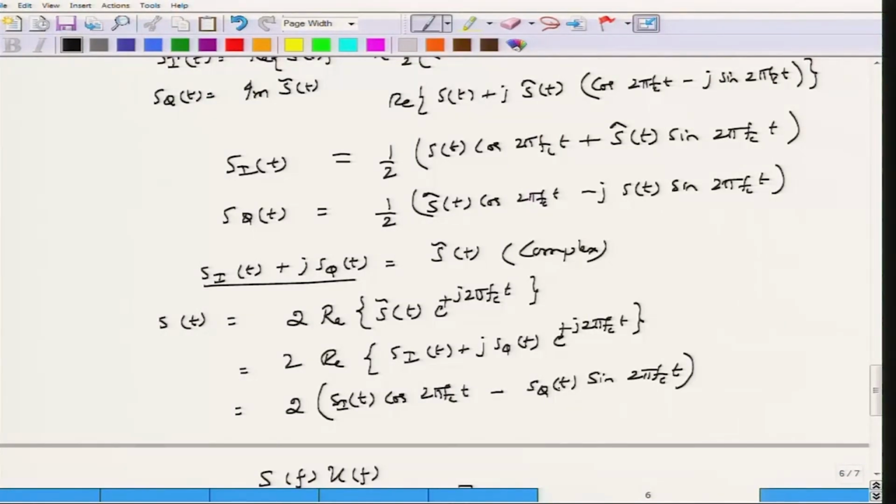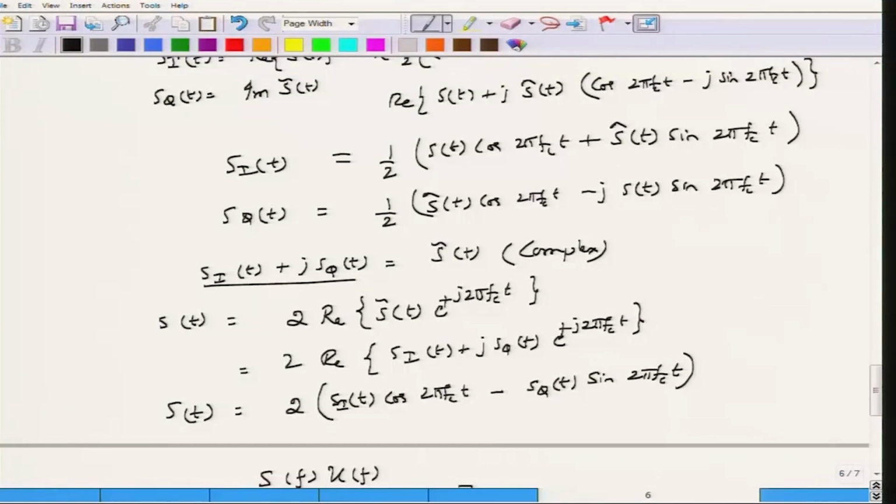Now, what is the significance of all this that we have discussed? Well, if you remember this IQ modulator that we discussed in the last module, we found that you can write down the output as cos of pi u I of t by 2 V pi multiplying cos 2 pi f c t, or cos omega s t, plus cos of pi u q of t by 2 V pi multiplied by sin omega s t.